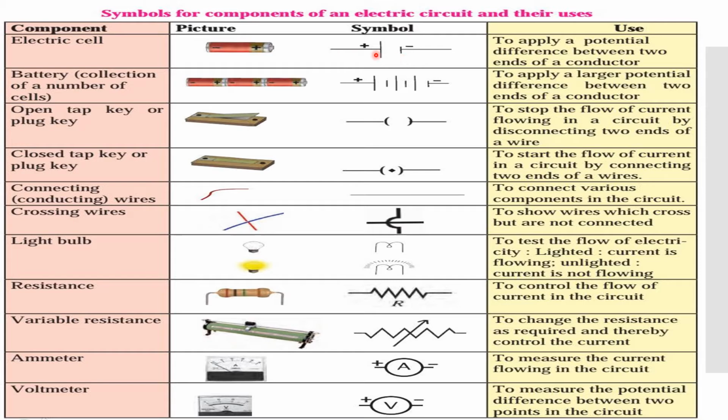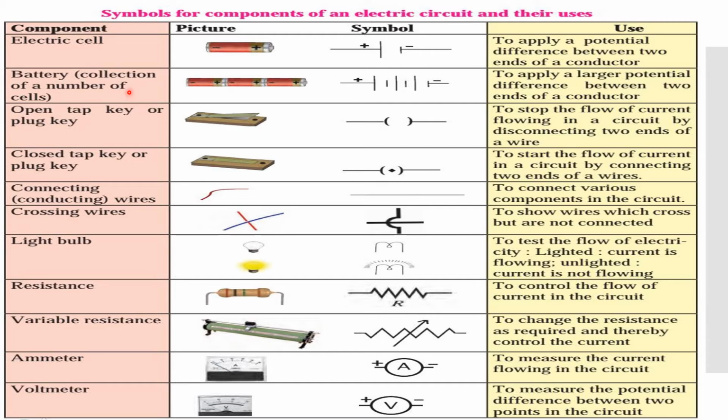There are two ends of the electric cell which are shown by the positive and negative terminals. You can draw electric cell like this, and this symbol is used in the circuit to apply a potential difference between two ends of a conductor. This is the function of the electric cell. Then battery.